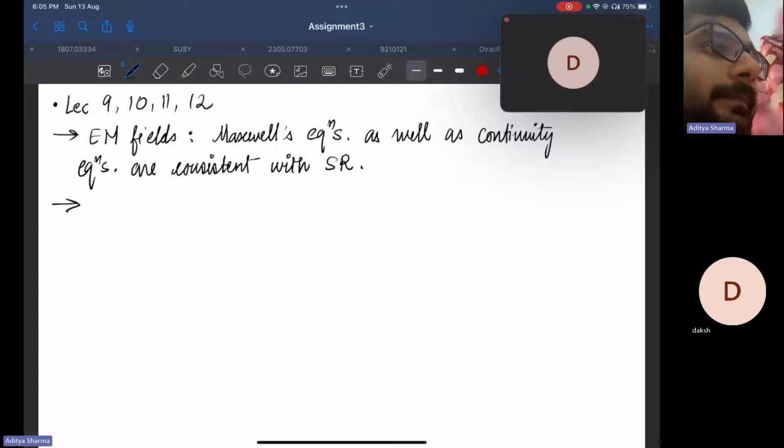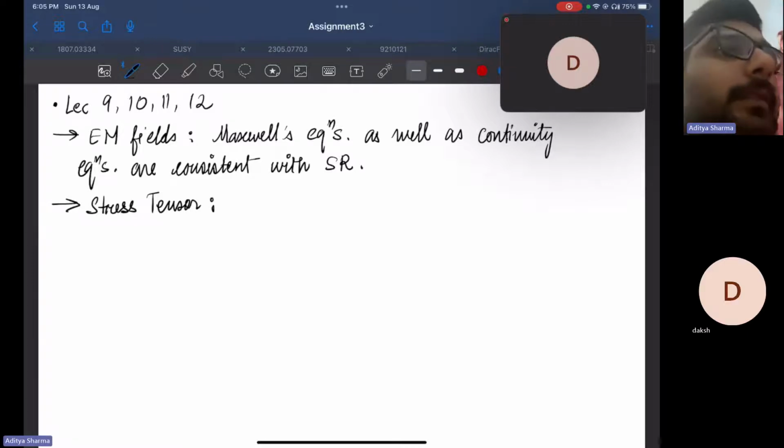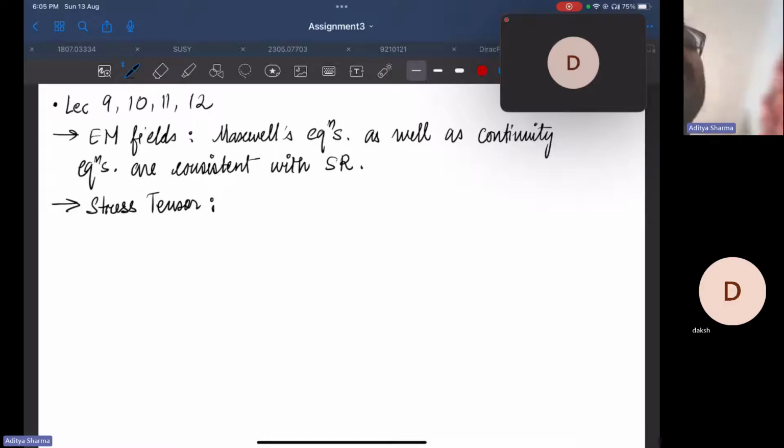Lecture 10 was about the stress tensor. We found that there is a conserved quantity in these field theories, which is called the stress tensor, which is written as this.